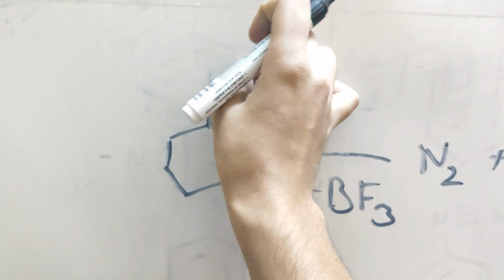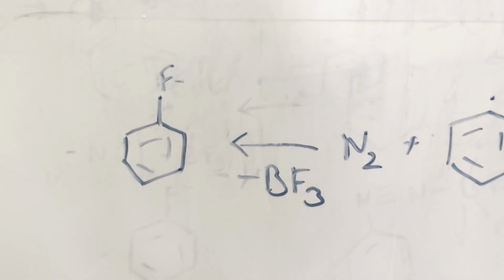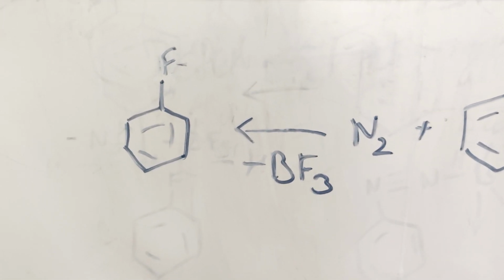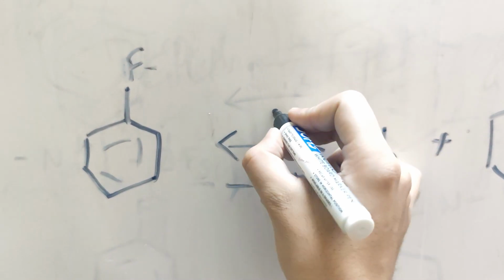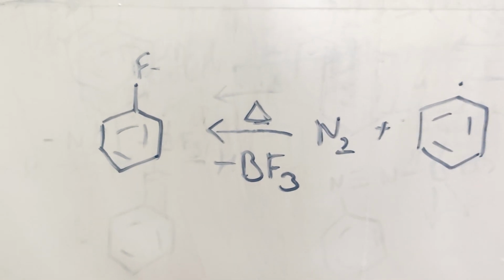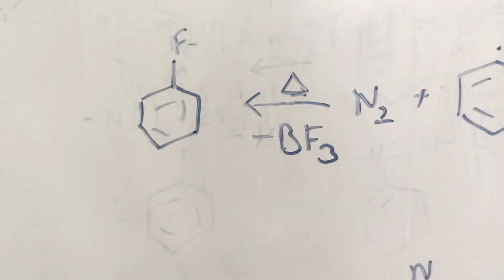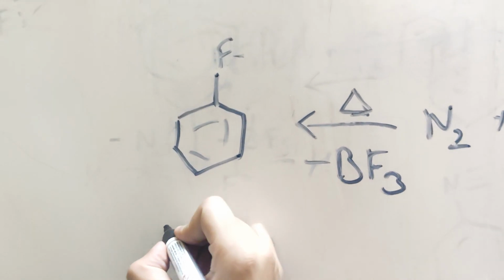There is one fluorine coming here, and this is the fluorobenzene that we are left with, and this will be an exothermic reaction, or some kind of light will be produced. So the heat symbol.